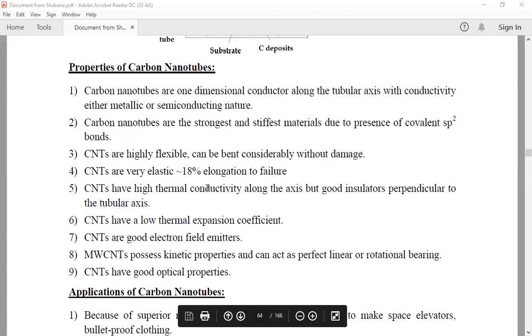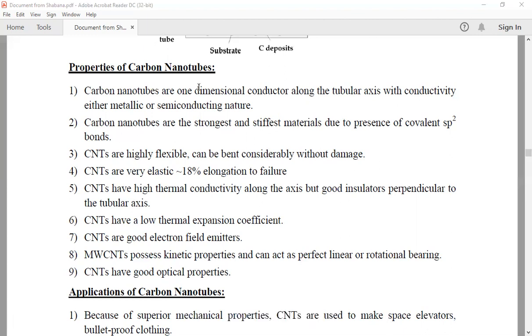Next, carbon nanotubes also exhibit electromagnetic wave absorption. They possess microwave absorption characteristics, which are useful for military radars and to improve the stealth characteristics of aircraft.